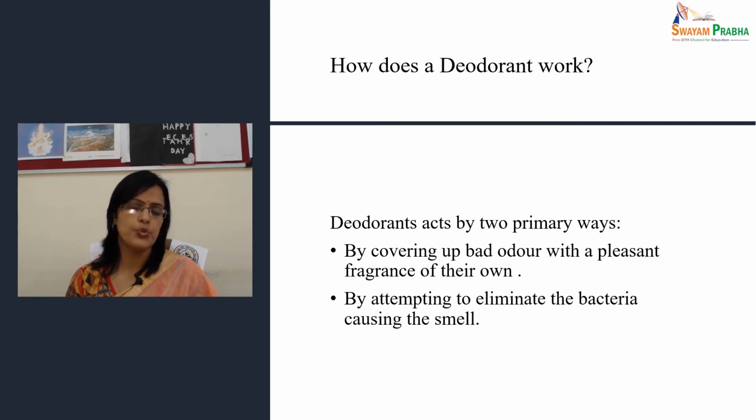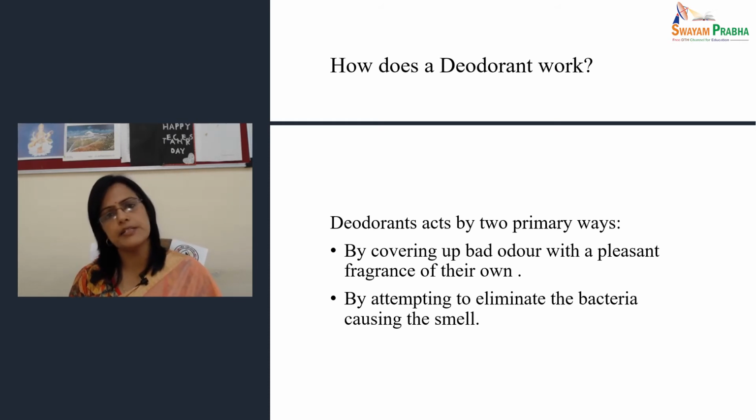So we have come to associate sweat with body odor as well as itchy armpits from irritation. Deodorants act in a two-way process by covering a bad odor with a pleasant fragrance and by attempting to eliminate the bacteria causing the smell in the first place.